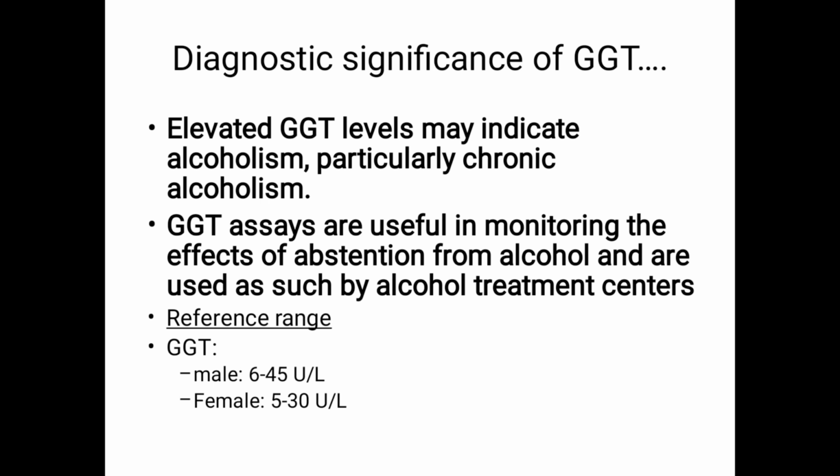If they are away from alcohol for a longer time, GGT levels will become normal. Okay, so we have to remember, in case of GGT, the main point is it is estimated particularly in chronic alcoholism.